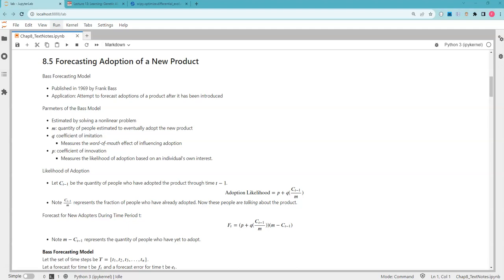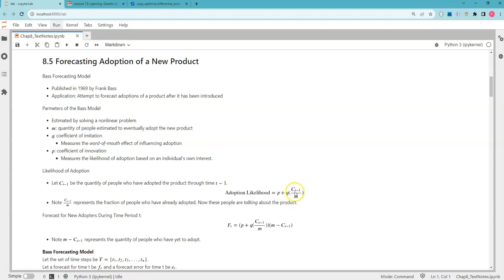We use these two variables to come up with a likelihood of adoption. If you look at the formula here in the middle of the page, we have the P value all by itself, which makes sense because it's that innovation term. It doesn't have any other dependencies other than the product itself. Then on the right side of the addition is a product between the coefficient of imitation and this fraction.